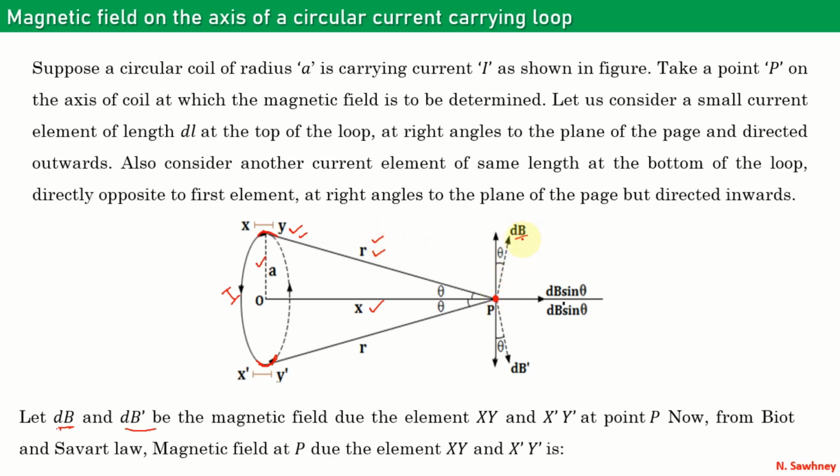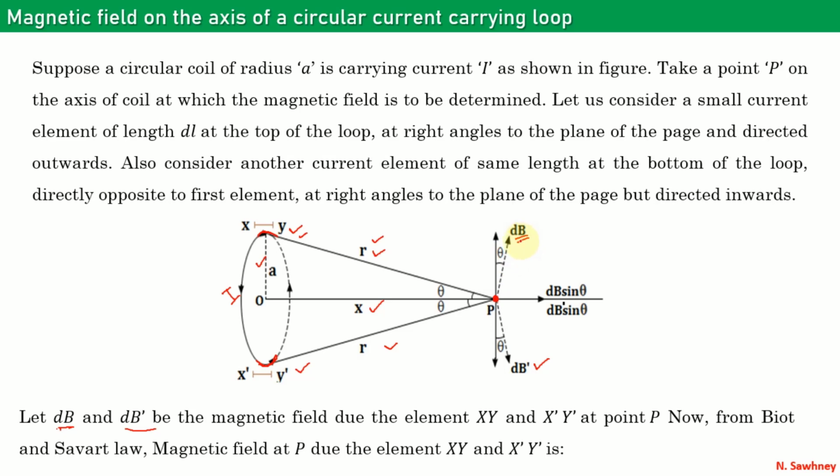This direction is given by dB. The direction of the magnetic field due to the current element X'Y' will again be perpendicular to the plane containing the current element and the position vector r, and it is represented as dB' according to right hand thumb rule.